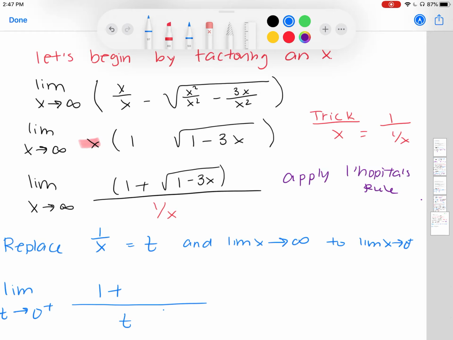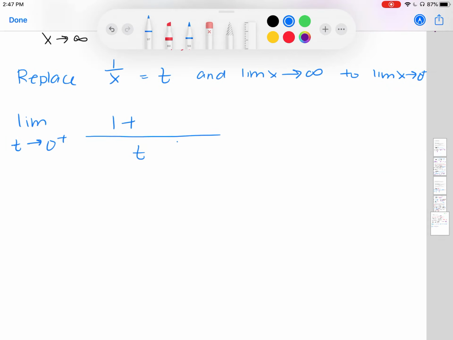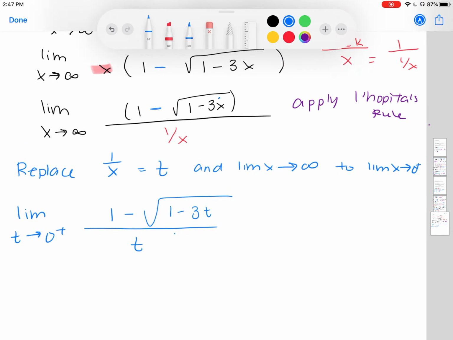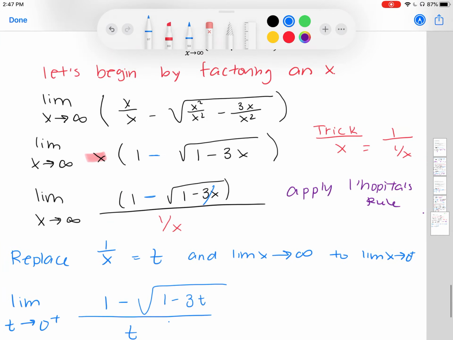I am so sorry about that. Minus the square root of 1 minus 3t, all over t. That was supposed to be 3 over x the whole time.